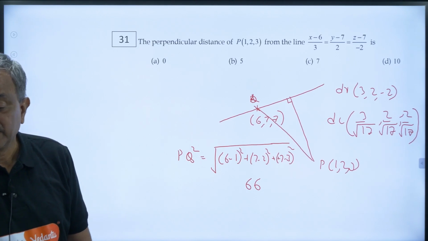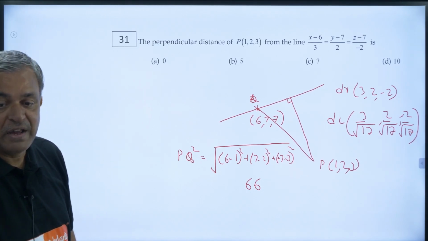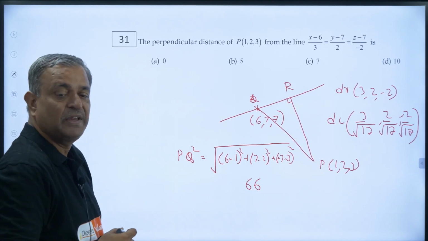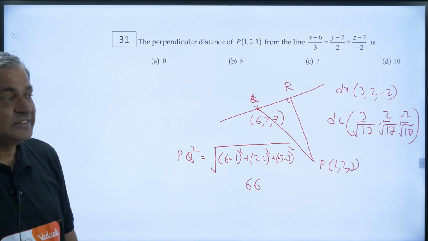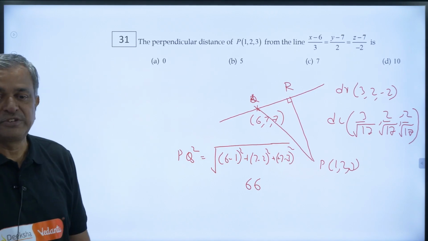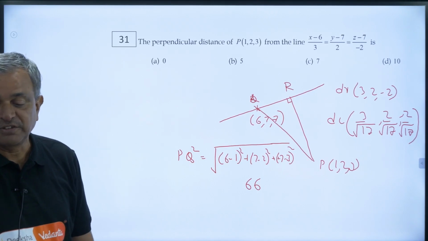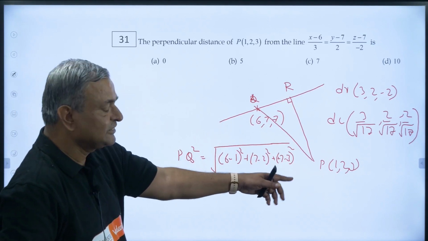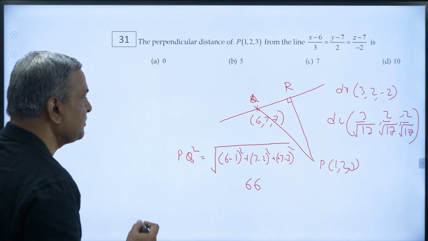Now QR we have to calculate. QR is nothing but 3 by root 17, the projection, the cos value, into 6 minus 1. 6 minus 1, this is the DR's difference.